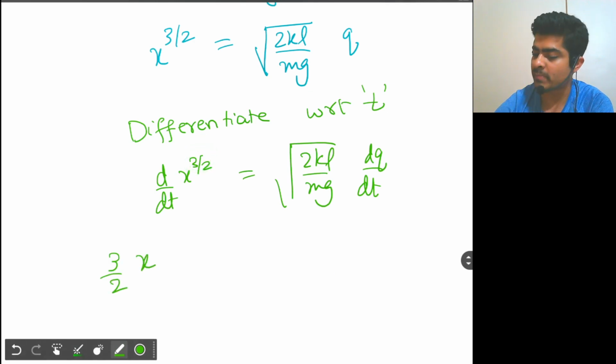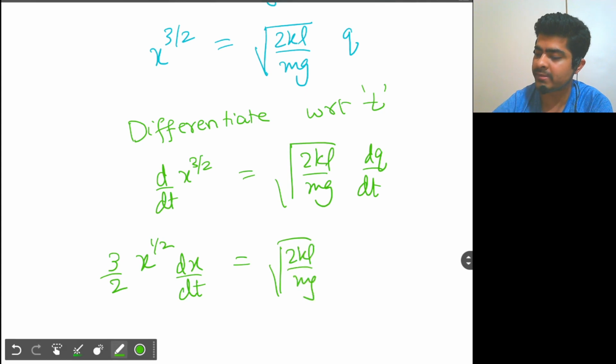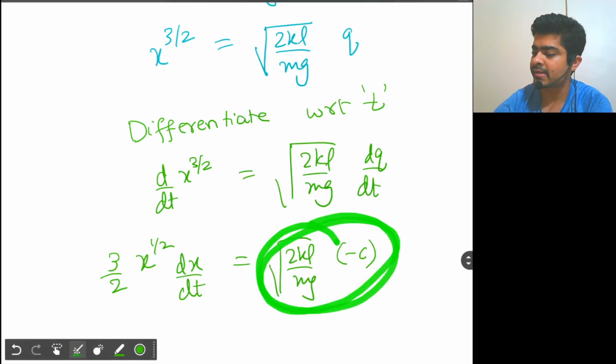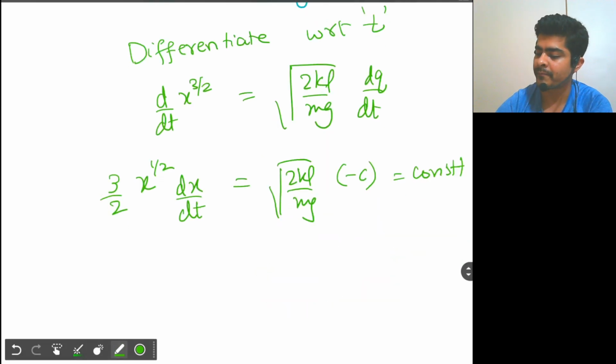Power of x will reduce by 1, so 3 by 2 minus 1, you get 1 by 2. And then you get dx by dt. This is equal to root 2kl by mg times minus c. Now everything over here is constant, so I could just write this as some constant.